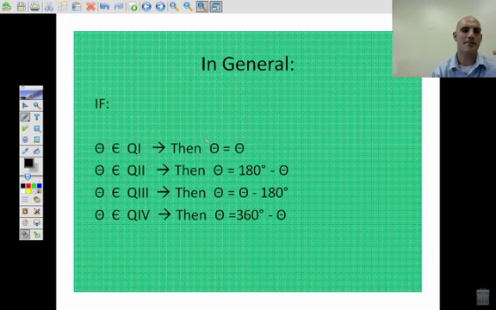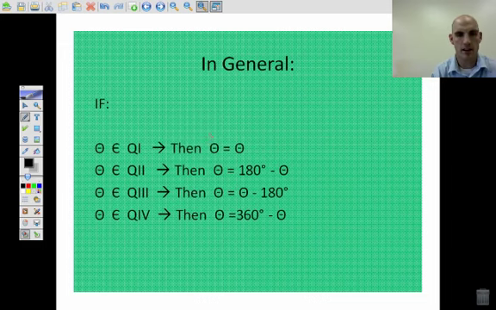So in general, if theta is in quadrant 1, then theta hat is the same as theta. Okay, so that's what we've got for quadrant 1. Quadrant 2, theta hat is going to be 180 minus theta. Think about that because it's going to be above the x-axis over there. If we're in quadrant 3, theta hat is going to be equal to theta minus 180.